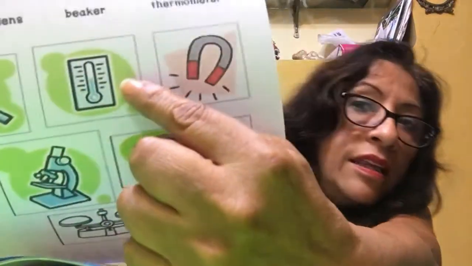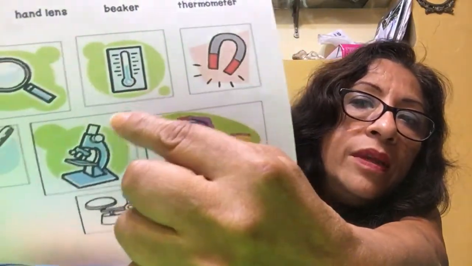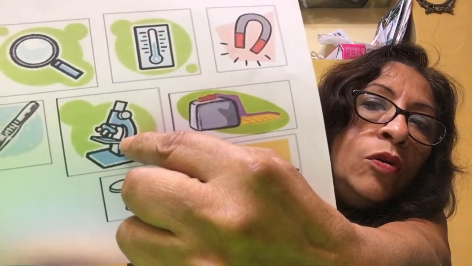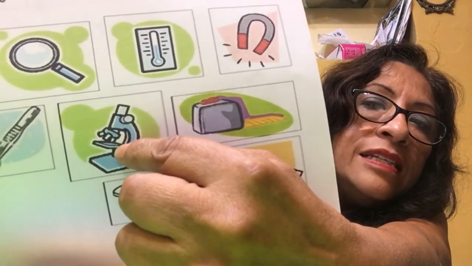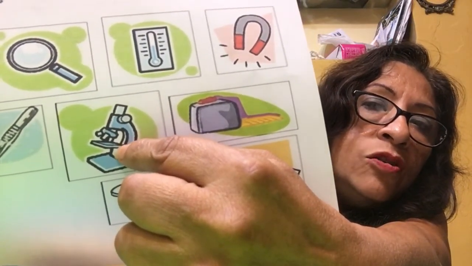If he wants to measure the temperature, he can use the thermometer. If he wants to look at very tiny pieces, he can use the microscope, and so on. There are many instruments that he's going to use to discover, to analyze, or to observe the world around us.